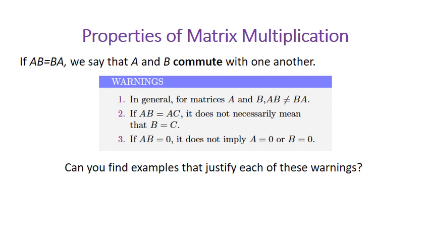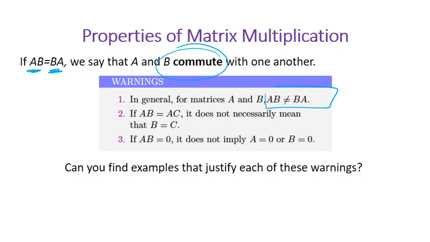Then here is a couple red flags. If AB equals BA, which I've mentioned is not always the case. Sometimes it is, but not always. Then we will say that A and B commute. So typically, they are not equal.